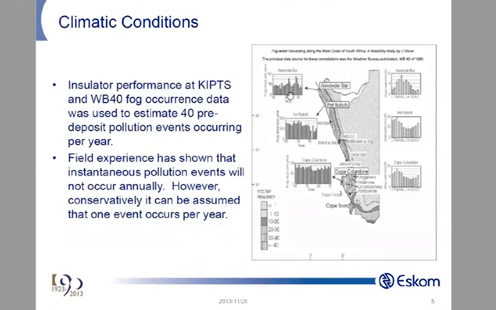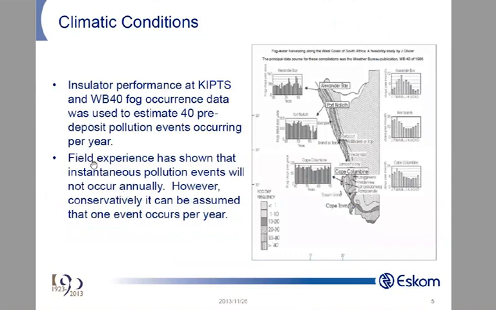Now, we need to know how many days in a year do we get fogs. So we got a map of South Africa, of the Cape, which shows us that we can look at even more than 40 fog days per year. So we can think of 40 critical wettings per year if we assume it's just a clean fog.